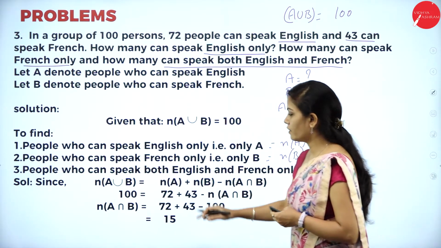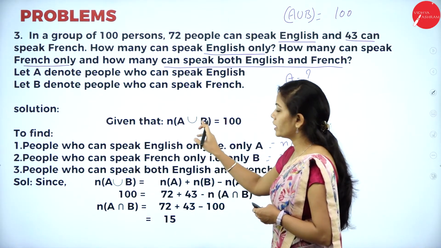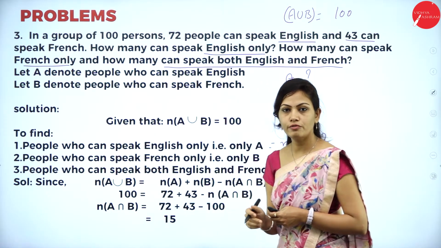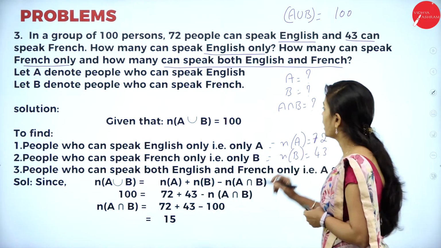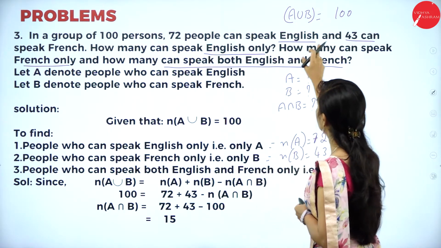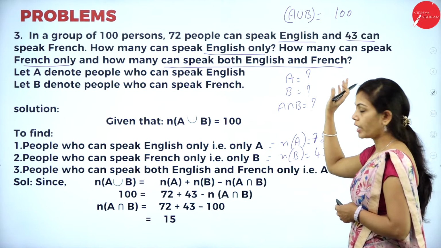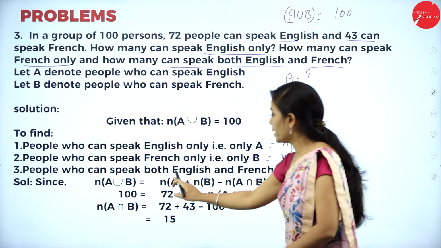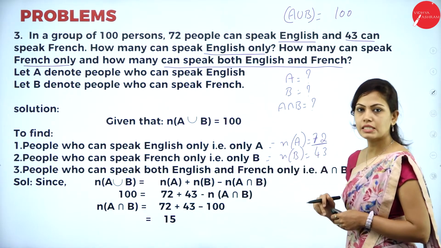First write the given values. N of A union B is equal to how much? 100. And N of A, they have given 72 people can speak English, so in place of N of A you can write 72.